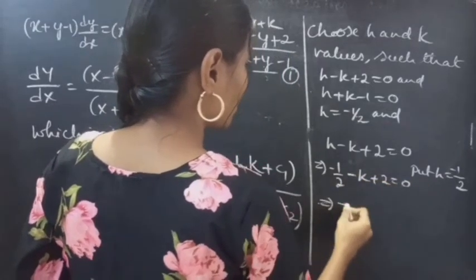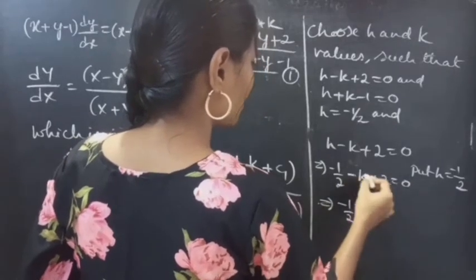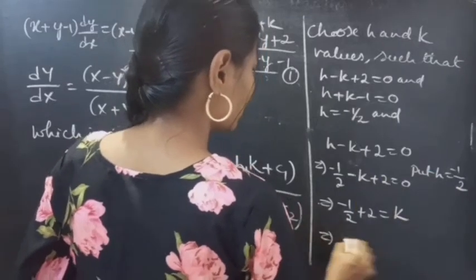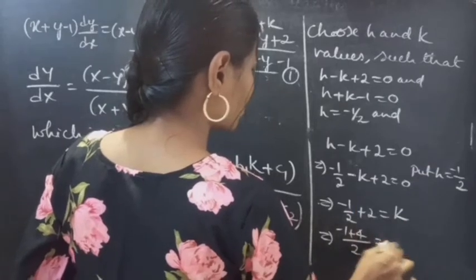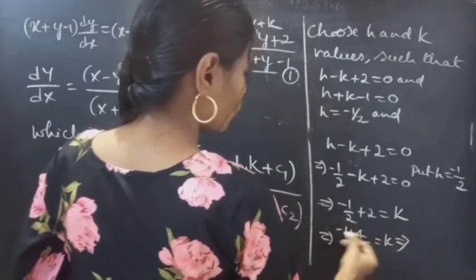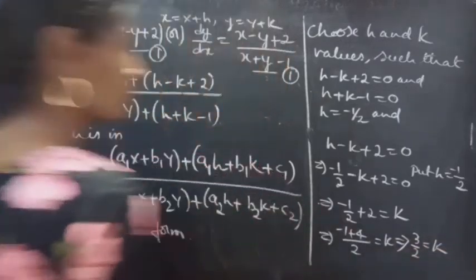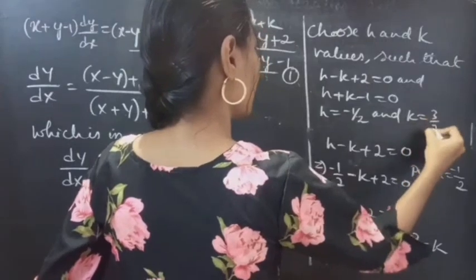Then minus 1 by 2 plus 2 equals to, take this minus k to RHS, it becomes plus k. Then take the LCM, you'll get minus 1 plus 2 2s are 4 by 2 equals to k. Then 4 minus 1 is 3 by 2 equals to k. So therefore k equals to 3 by 2.